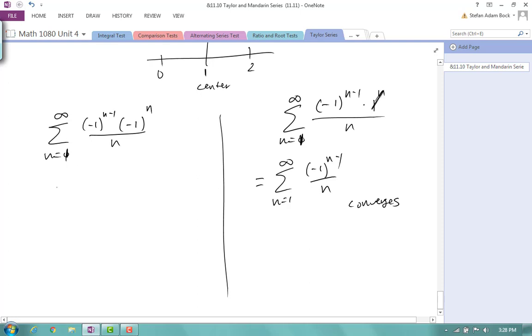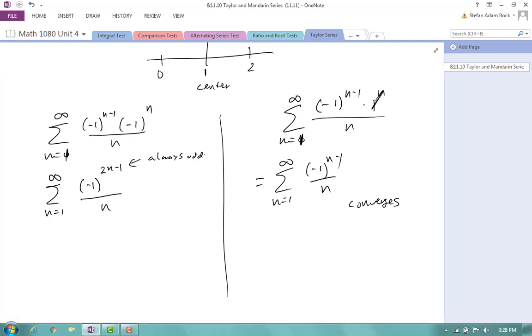But this sum on the left, let's see, this is negative 1 to the 2n minus 1 divided by n. But 2n minus 1 is always odd, which means that every term of this series is actually negative, because negative 1 to an odd power is always going to be negative 1, and if it's always odd, then it's always negative.